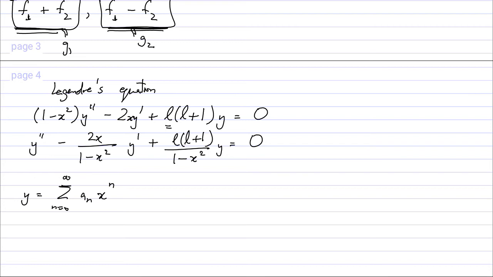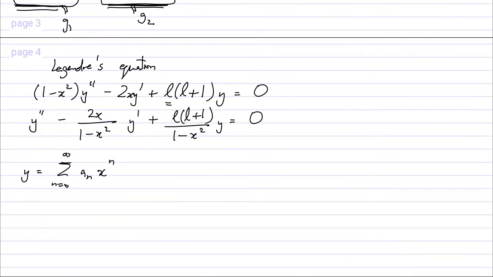Physically x is very often the cosine of some angle, so you use spherical polar coordinates. x usually represents cosine of theta, where theta is your usual spherical polar coordinate that goes from 0 to pi. So essentially you want your solution to be converging on the interval from cosine of 0 to cosine of pi, okay. You usually want your solution to be converging between minus 1 and 1, including the points minus 1 and 1, because those represent your poles in spherical polar coordinates.